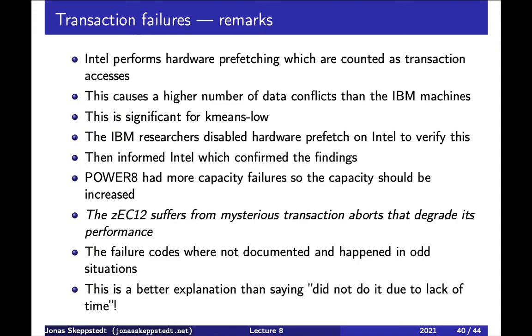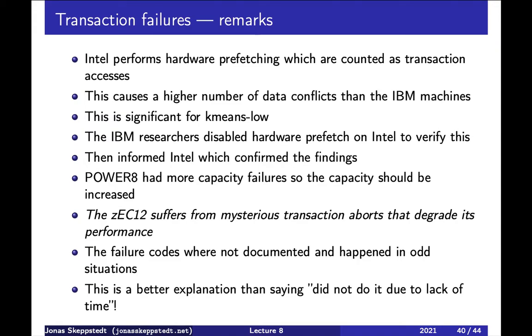And a mistake by Intel is that these are counted as transaction accesses, but it's not really access by the transaction, since this is just a hint to the cache that it should prefetch the data.